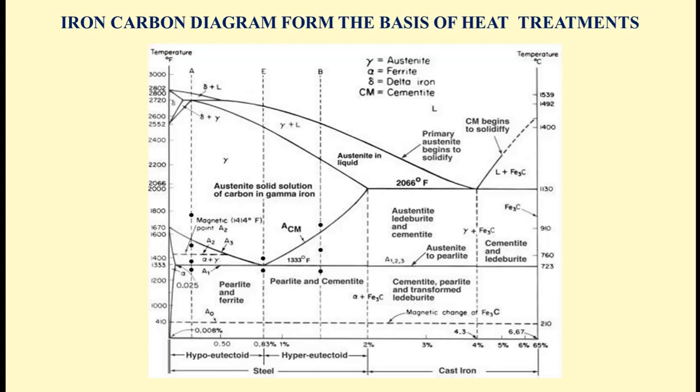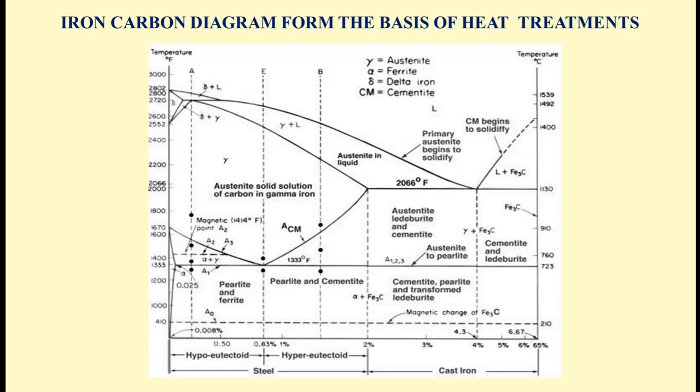From the iron carbon diagram we have an idea of what the steel region is, what the cast iron region is, and what the end product is from the liquid molten metal, which is basically a combination of carbon and iron, and what exactly we expect on cooling to room temperature.